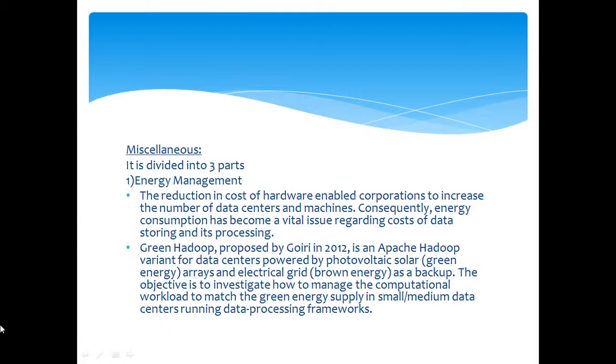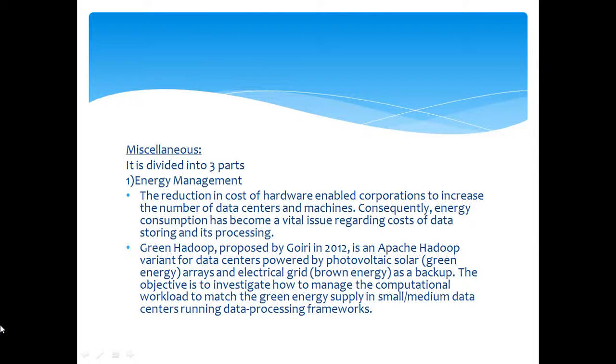So the authors developed GreenHadoop, which was proposed by Goiri in 2012. It's an Apache Hadoop variant for data centers powered by photovoltaic solar panels and electric grids. It uses green energy, with brown energy as a backup.